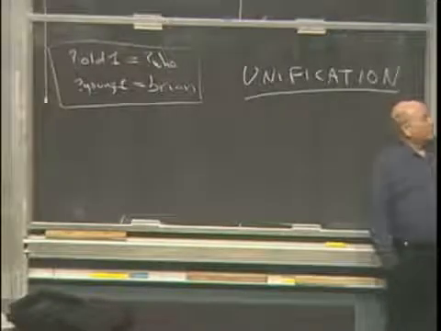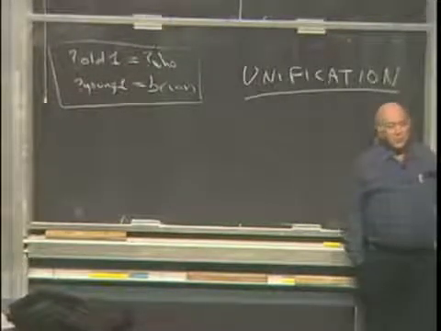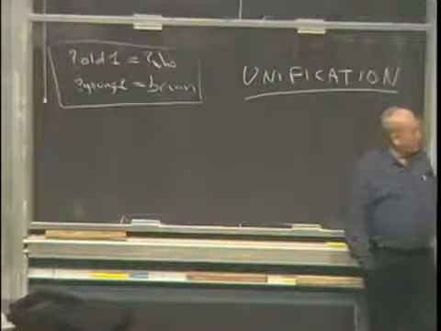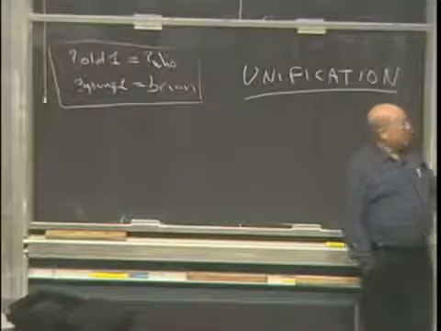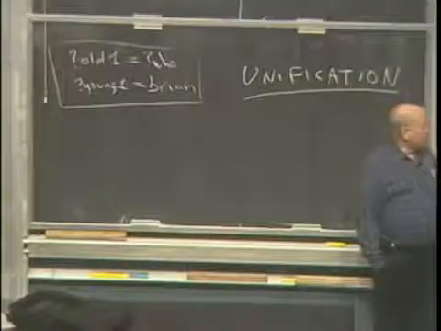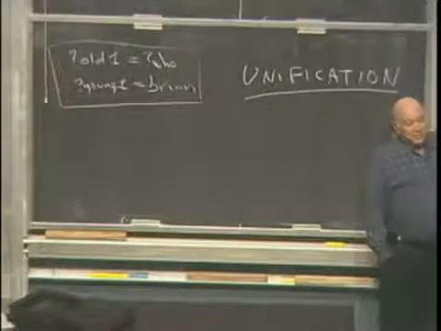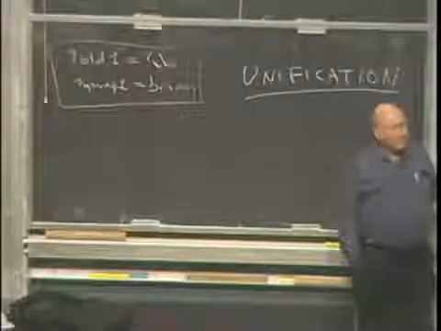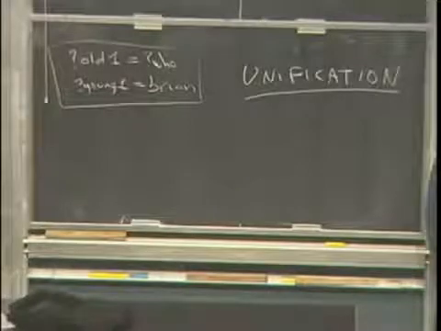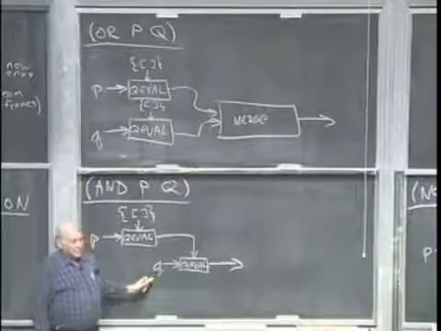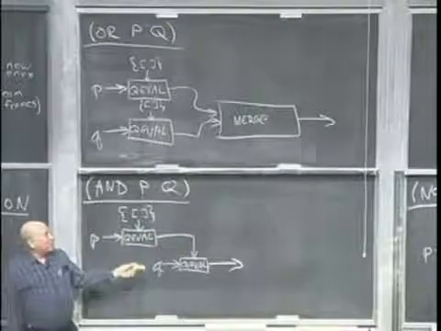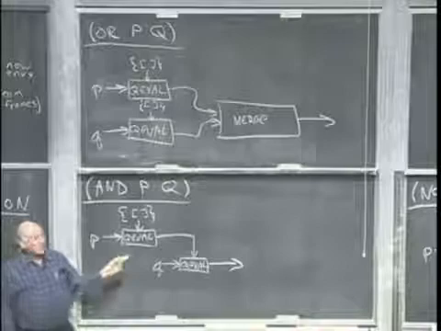And we want to evaluate and PQ. And I think this is one of the most beautiful things in the course. It's up there with tree map. Not quite, but almost. We take whatever our initial stream of frames is. We query evaluate P, the first piece of the and. The result of that is a new stream of frames, which we use as the input to a Q-eval that evaluates Q. Because what's going to come out of here is every possible way to match P, every set of bindings that makes P true.